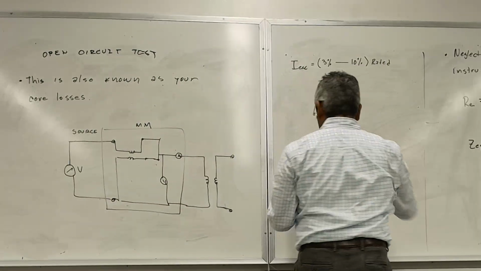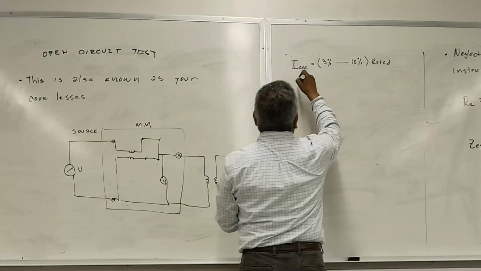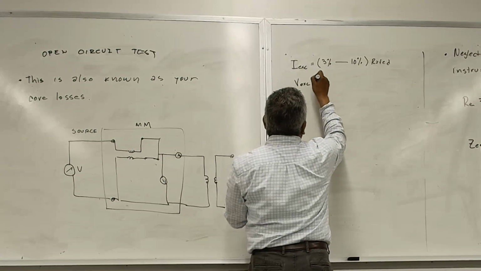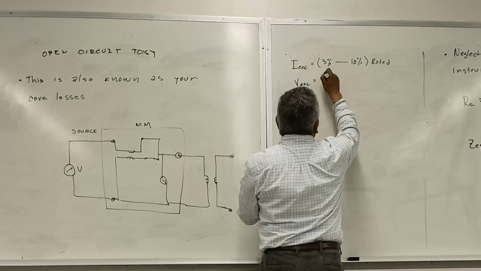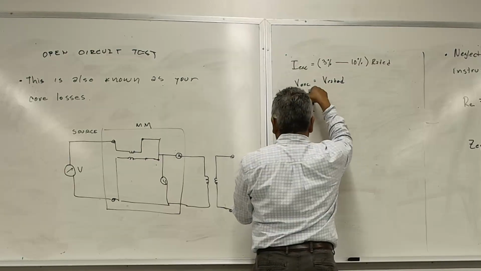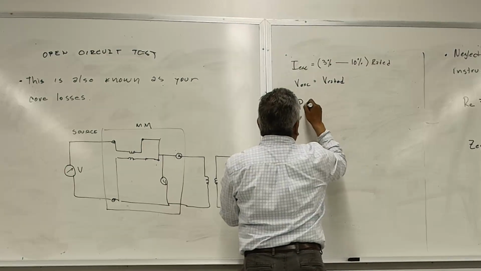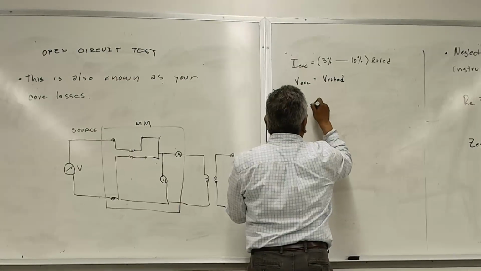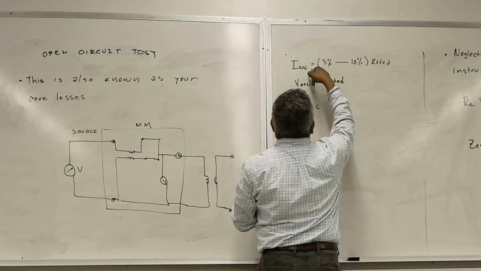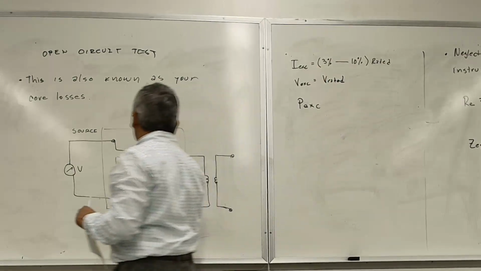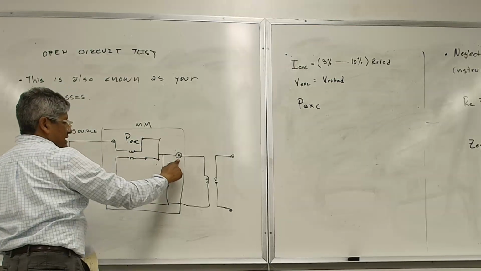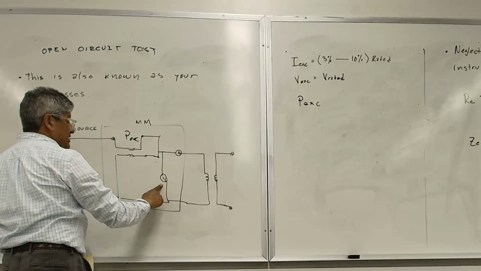Okay, so in this case, VEXC or excitation voltage is equal to V rated. Okay, so you have control of that again. And then the power that you measure is what we call the PEXC or the excitation power. Okay, so that's what you're gonna measure: PEXC, IEXC, and VEXC.